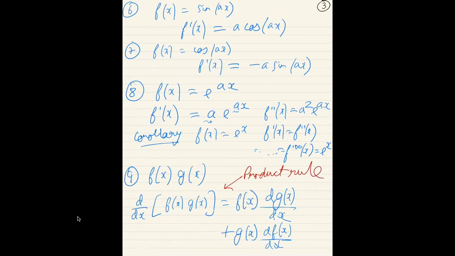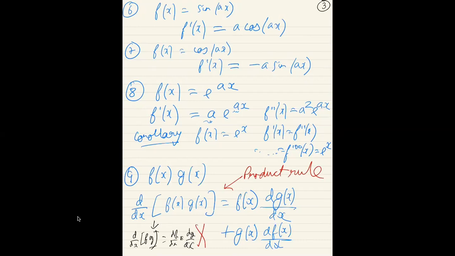And so a common mistake here that students tend to do is to say that d by dx of fg is df by dx multiplied by dg by dx. This, as you can see, is wrong. So don't make this mistake. You will lose points in whatever course you are taking or make a mistake.